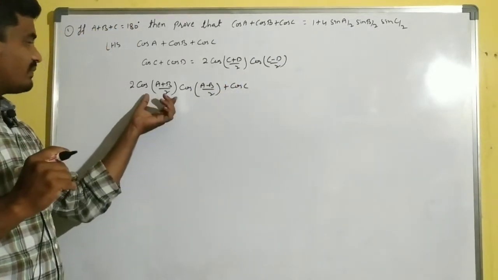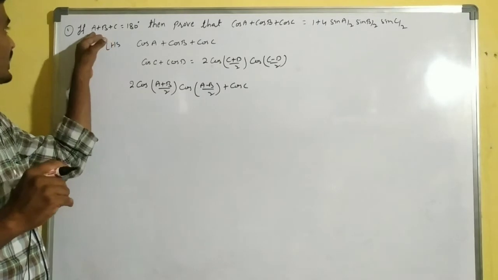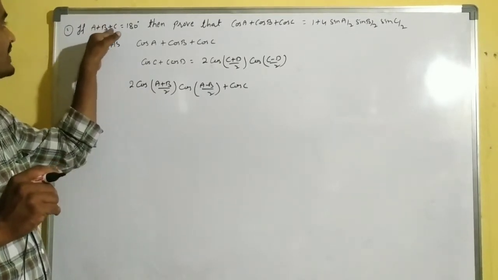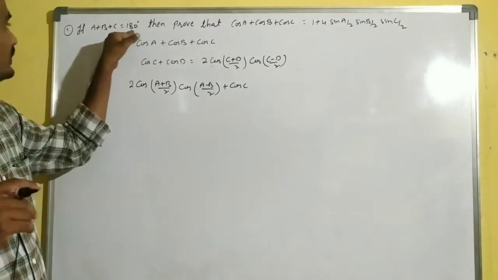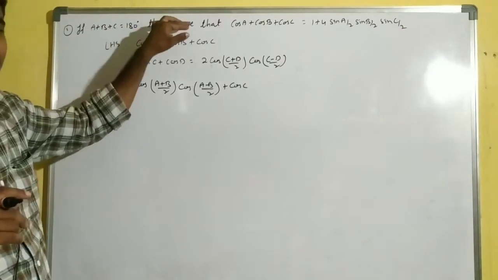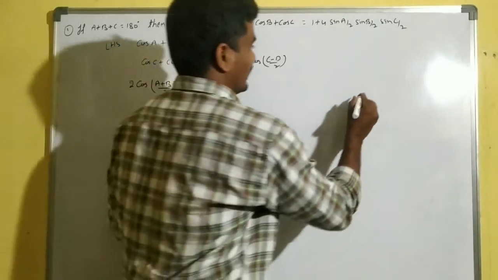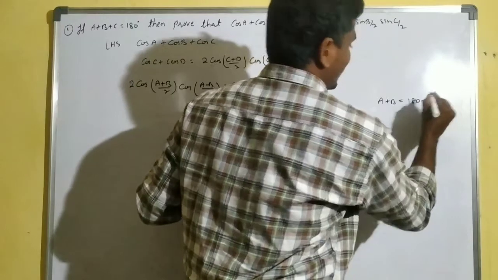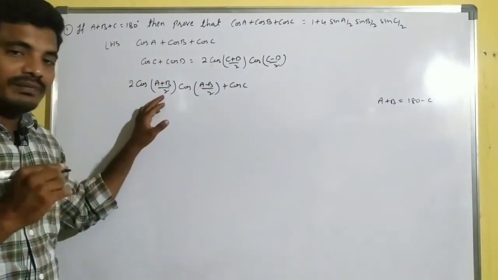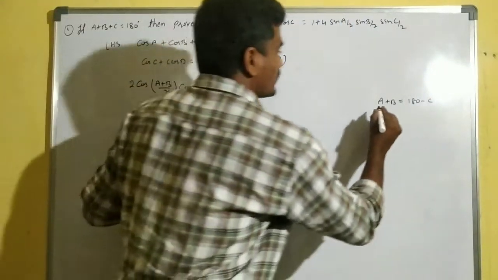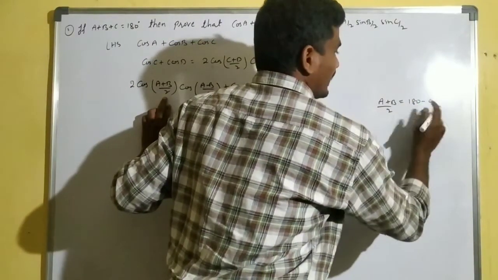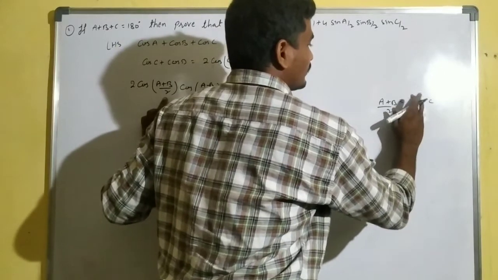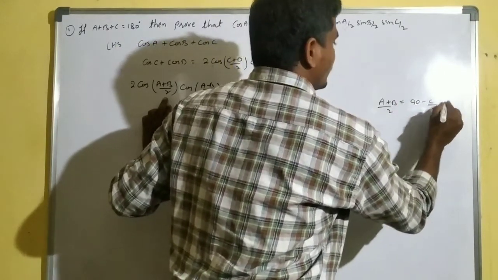And next, a plus b by 2 is there actually. Since a plus b plus c equals 180 degrees is given, when I take c to the right side it becomes minus c. So a plus b equals 180 degrees minus c. But here there is a by 2, so taking both sides by 2 we get 180 by 2, which is 90, minus c by 2.